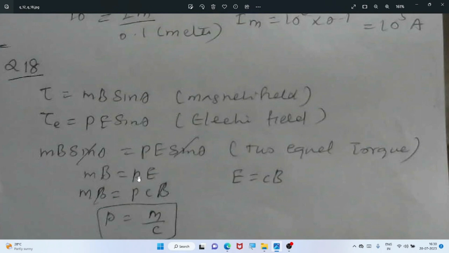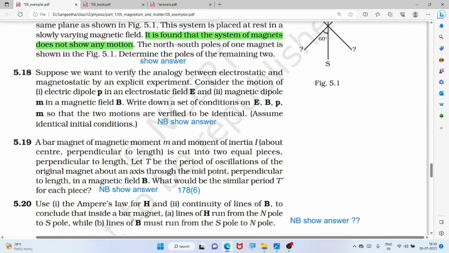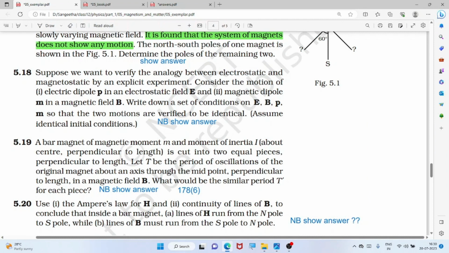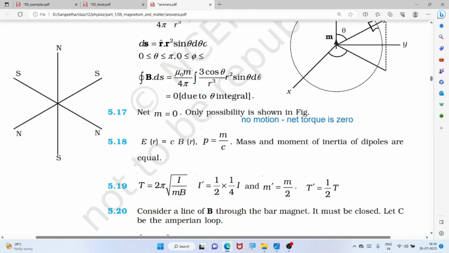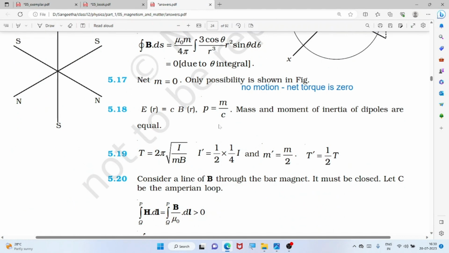If you substitute for that, you get that the electric dipole equals the magnetic dipole divided by c, the velocity of light.